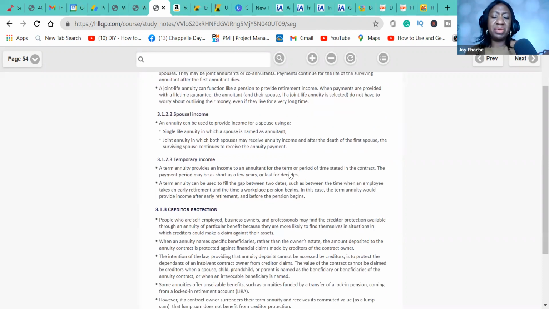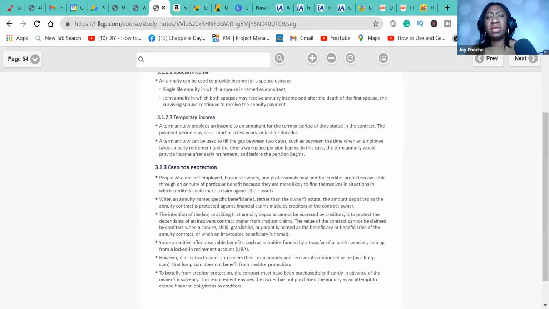Now, temporary income. Just like temporary insurance, annuity can be used to provide temporary income for a certain period of time, and I talked about this in chapter one. For instance, if you need an income bridge for a specific period of time, then you can use an annuity to bridge that gap.